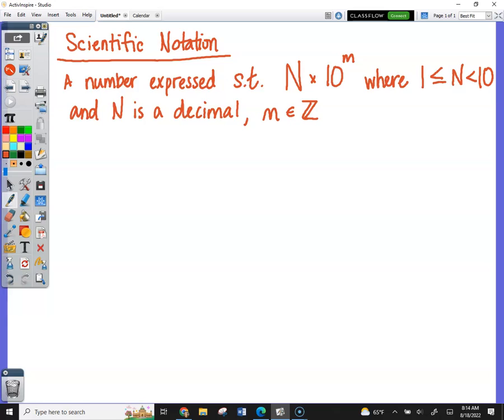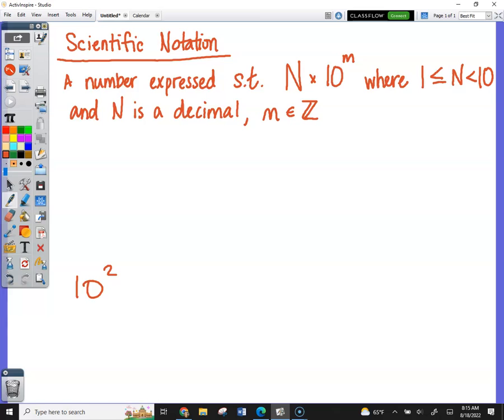The hardest part for people with scientific notation is they forget what direction you go based on the exponent's sign. I guess it's just because it's intimidating. Because everybody knows what 10 squared is, right? You all know 10 squared is 100.